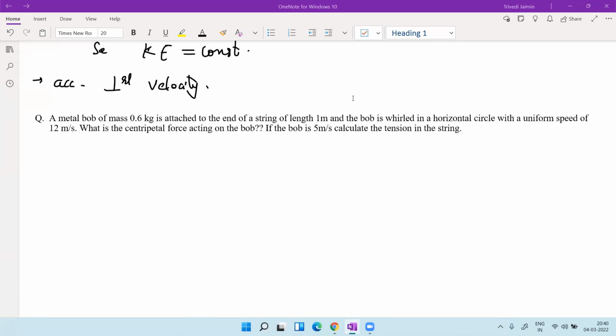Mass is given. Bob given. Centripetal force F equals mv square by r. So here V will be what? 12 or 5, which will we take? Come on, tell me. Joining and leaving, why? Internet issue.